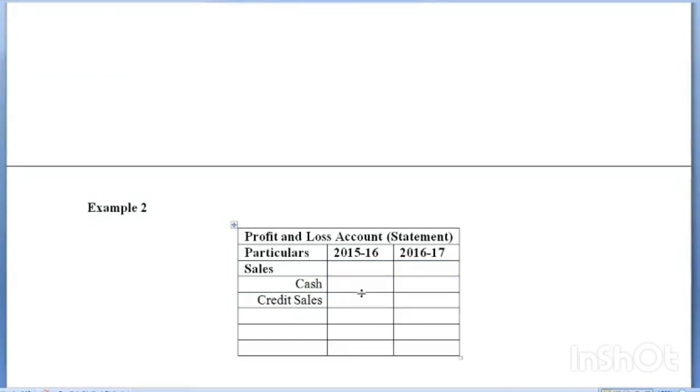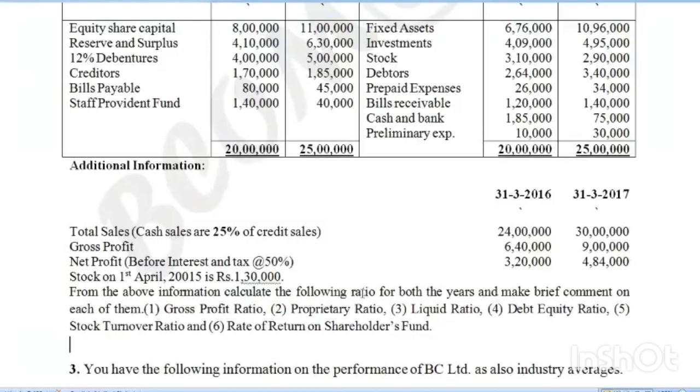What is your total sales in the year 2015-16? It is 24 lakh. And he said cash sales are 25% of credit sales. Read the condition carefully.